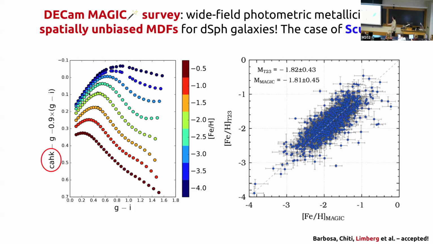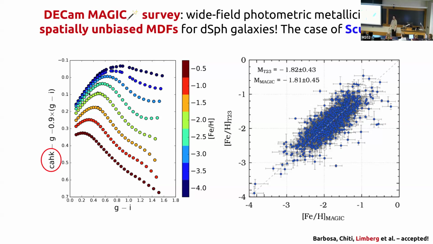For a given surface gravity or luminosity, you can compute stellar models that reproduce these colors. By locating your star in this space, you can infer its metallicity. Essentially, you interpolate across these models, and if you have information for all of this photometry, you can infer the metallicity for your stars.